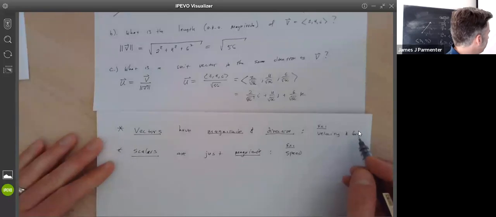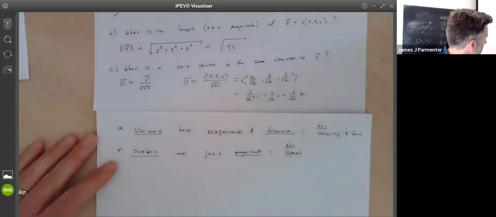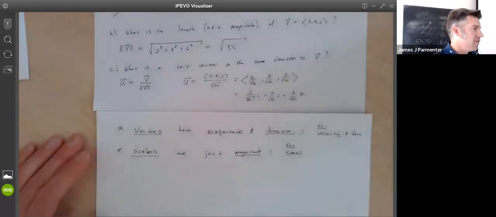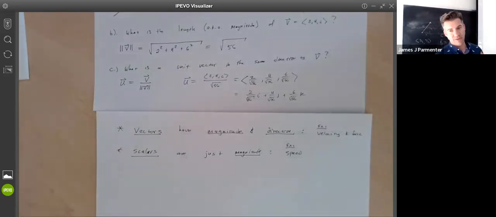Force is never my favorite. When you think of force, well, okay, I shouldn't be so prescriptive. When I think of force, I think of weight. My weight in pounds is a force. My weight in kilograms isn't a weight.